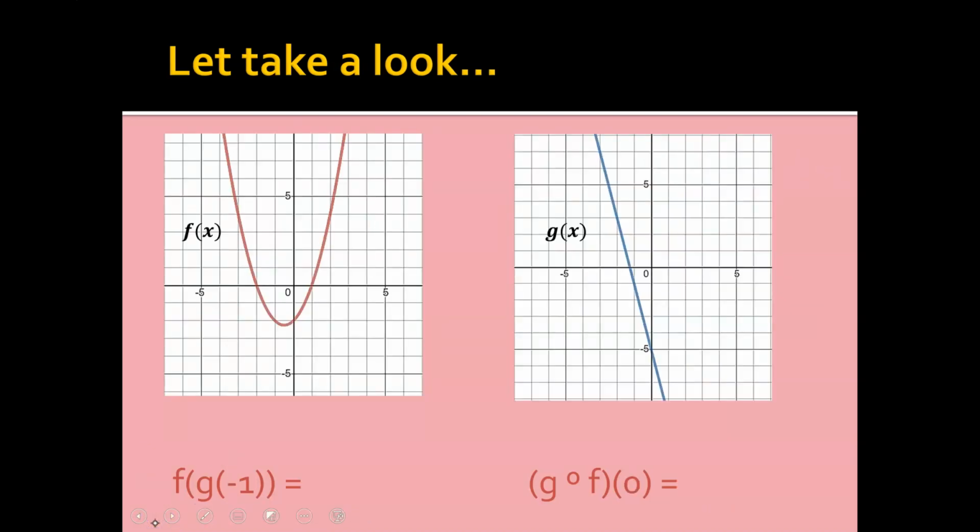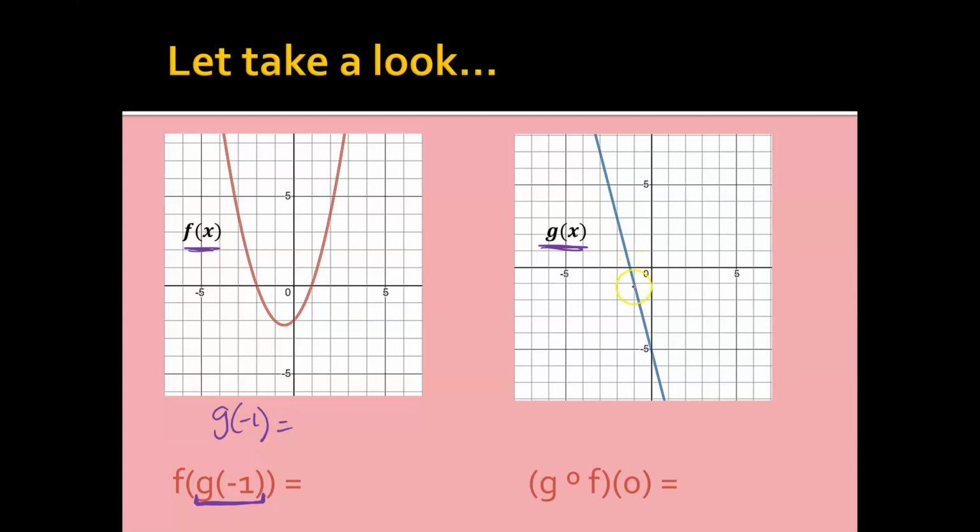Okay? All right. Next one. This is the last one. Okay? So you got two graphs again. You got an f of x graph and you got a g of x graph. Okay, this is a quadratic and a linear. The last one was two quadratics. So this is saying first find g of -1. Okay, so I'm going to go to my g graph and I've got to find out when x is -1, what is y?